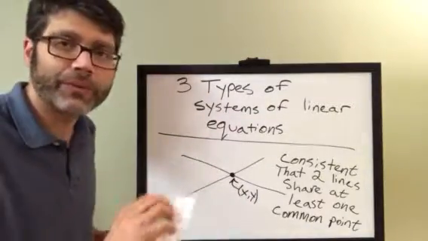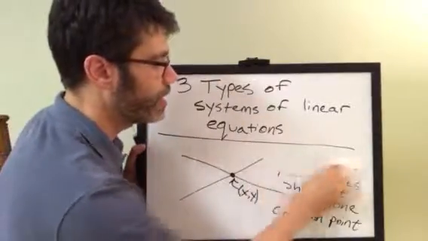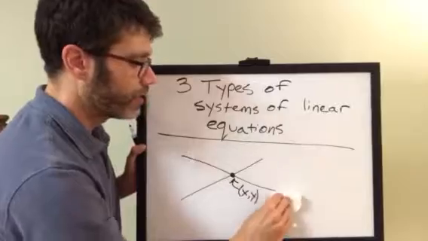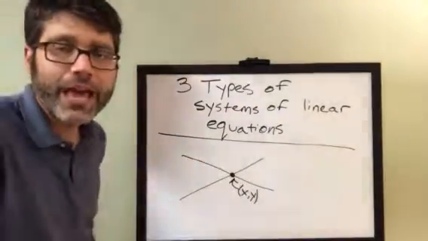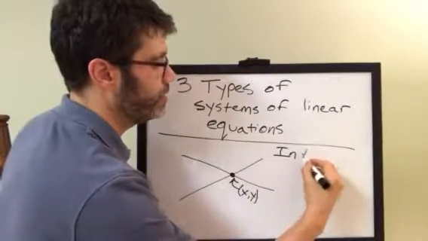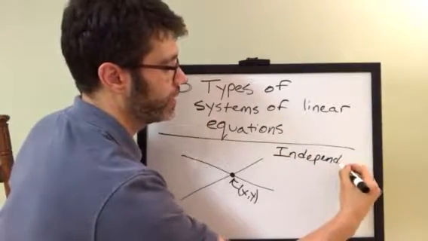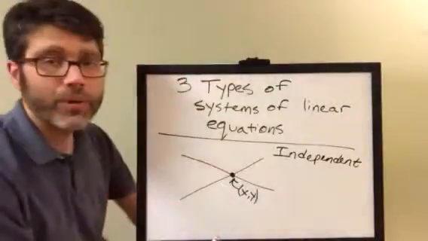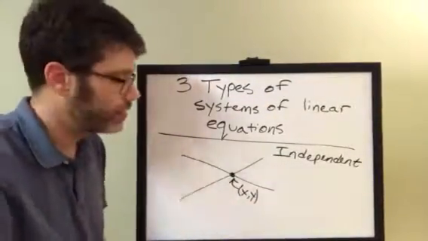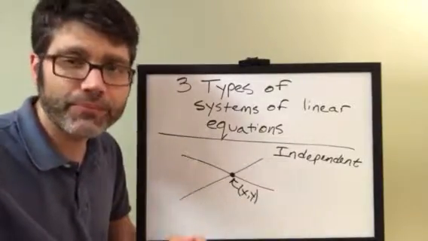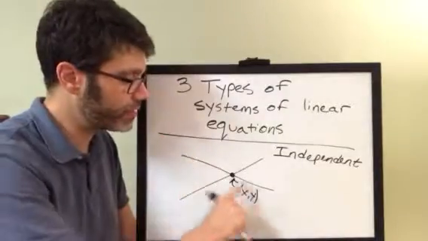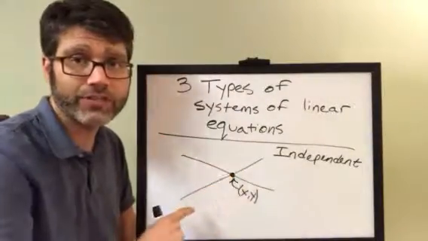If that's the case, then we call this system consistent. The second vocabulary word that I like to use is independent. This system here has two independent lines. Independent. So independent lines are two lines that have their own separate equation, meaning that the equation of this line is different than the equation of this line.